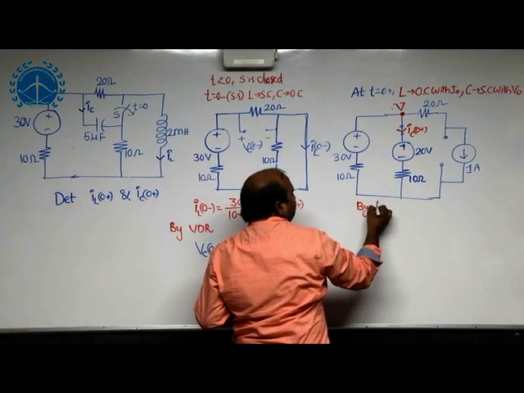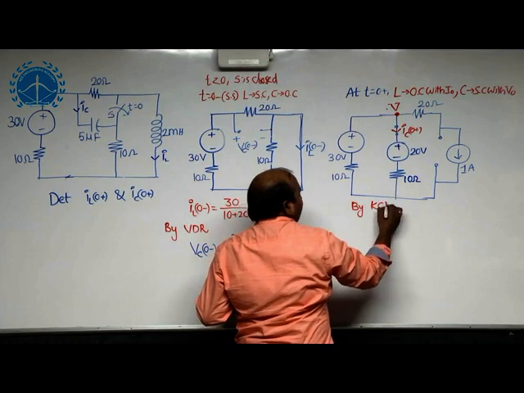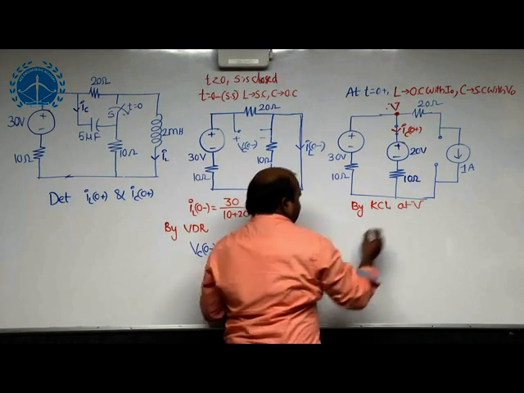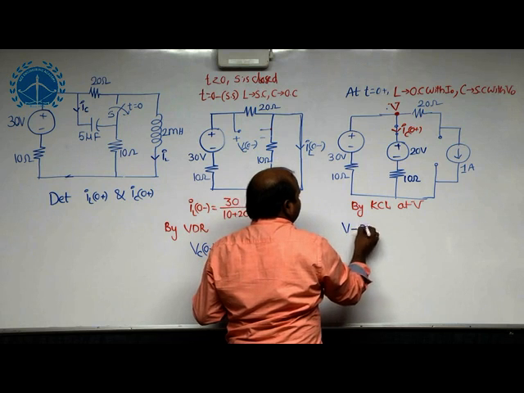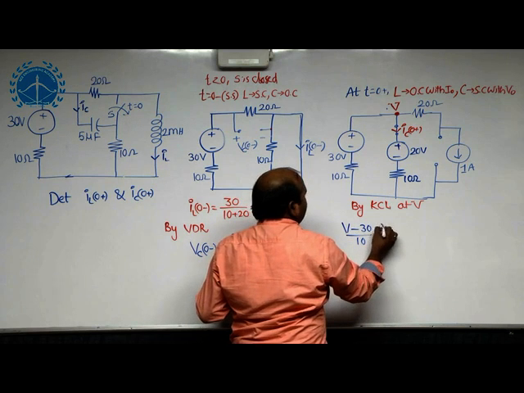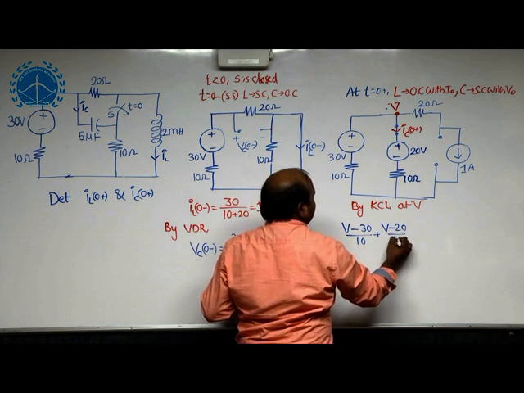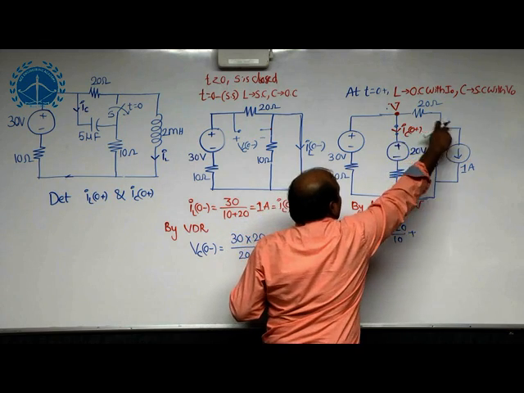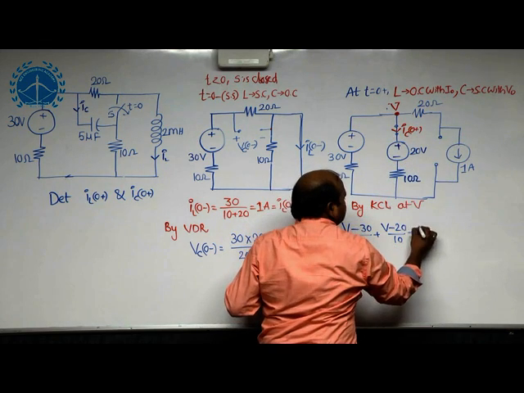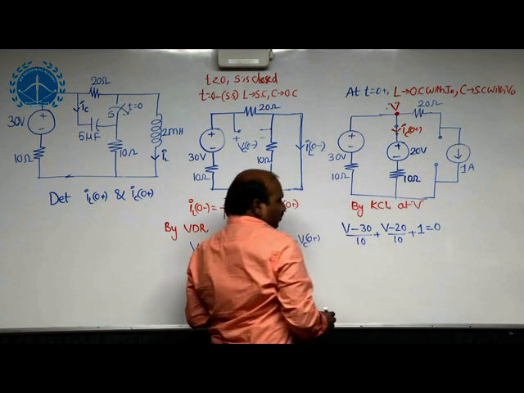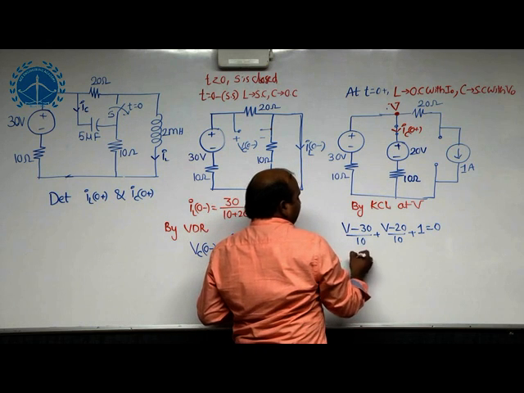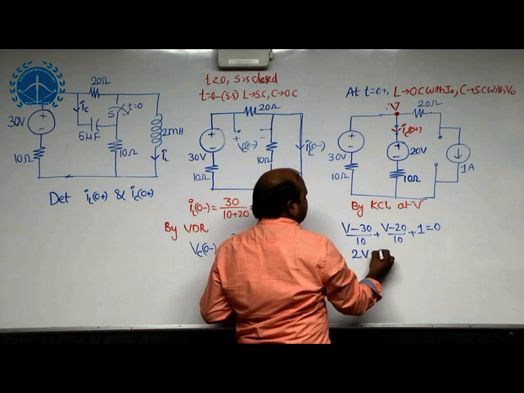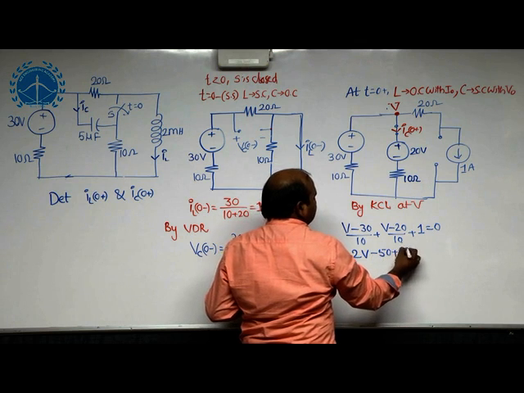Now by KCL at V, considering V minus 30 by 10 plus V minus 20 by 10 plus 1, since these are all outgoing currents. What value are we getting? 2V minus 50 plus 10 is equal to 0.